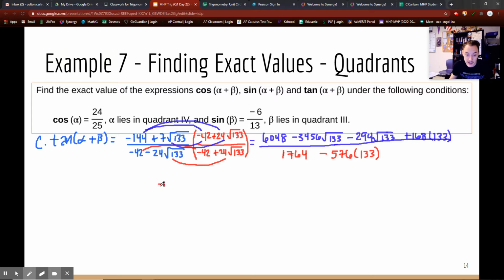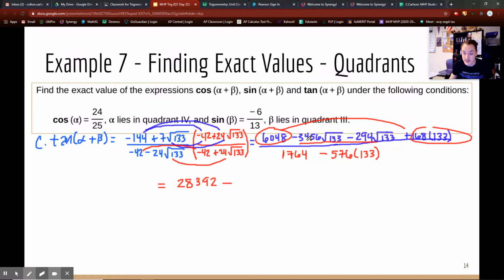Now let's start simplifying this. I can simplify this and this together. So when I simplify those together very carefully, I get a whopping 28,392. Yes, that's a huge number. Minus, and then I have this right here.